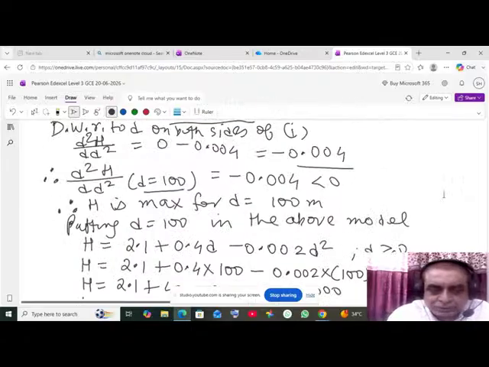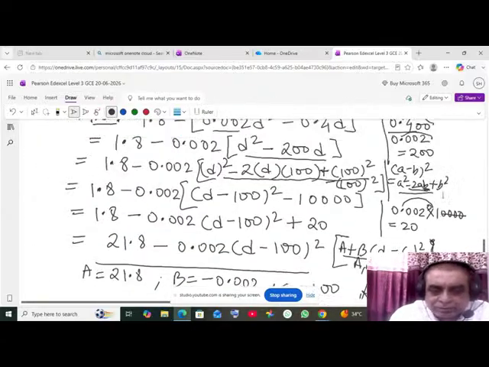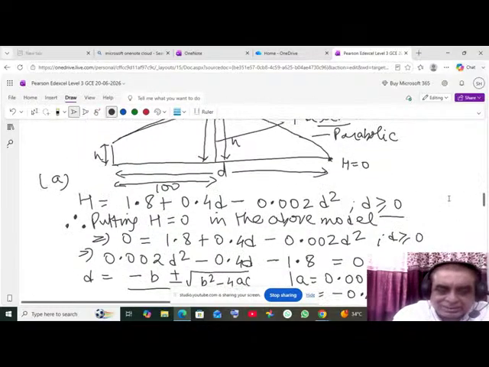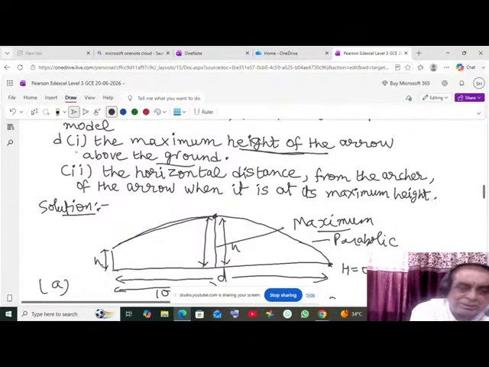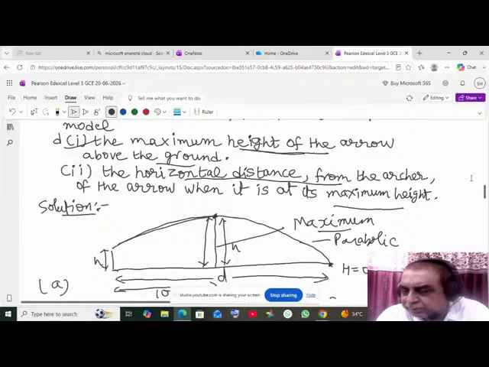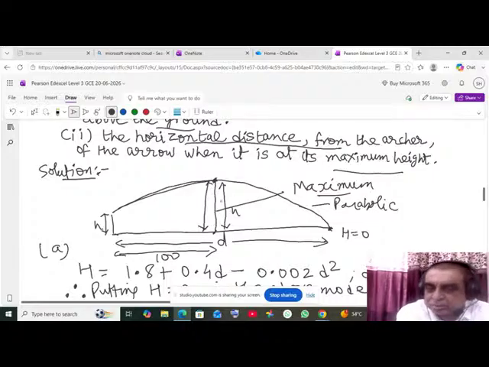Now we are doing the second part of D. This was the first part. What is the second part asking? It asks for the horizontal distance of the arrow from the archer when the arrow has reached the maximum height.